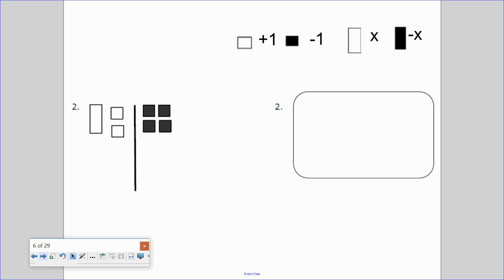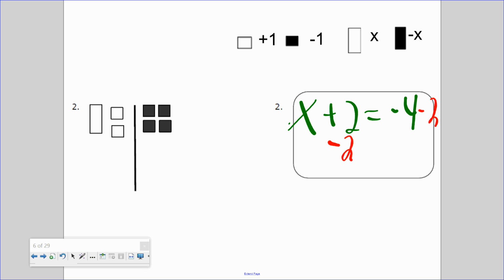Let's do it algebraically. X plus 2 equals negative 4. I need to isolate the variable. I need to keep the variable by itself. I want to figure out what x is equivalent to. In order to do that, I need to do the inverse operation. The inverse of plus 2 is minus 2, minus 2. This cancels out.